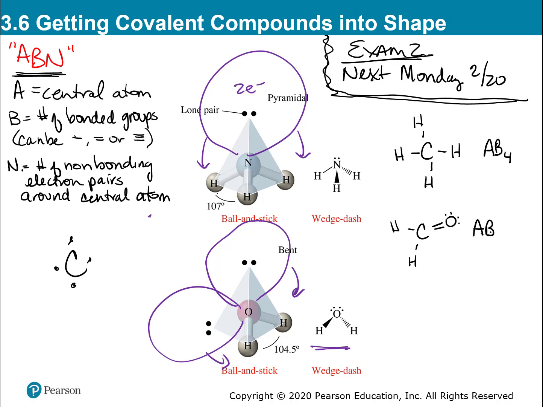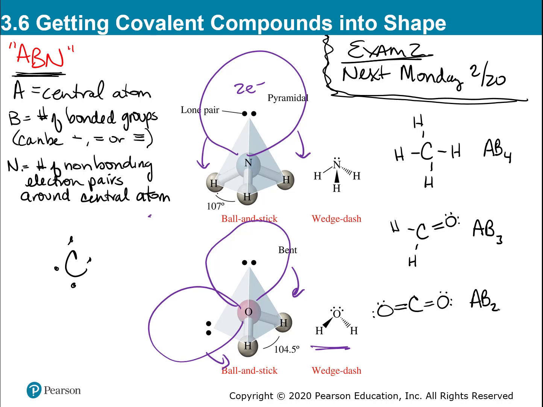How many groups connected? 3. So that's B. B is how many groups are covalently bonded. Okay, and so then also, what if I have carbon like this? What would that one be? AB2. So the center atom is the A, like they just chose A to start off the thing. So they're all A something, AB4, AB3, AB2, but notice that carbon never has an N.